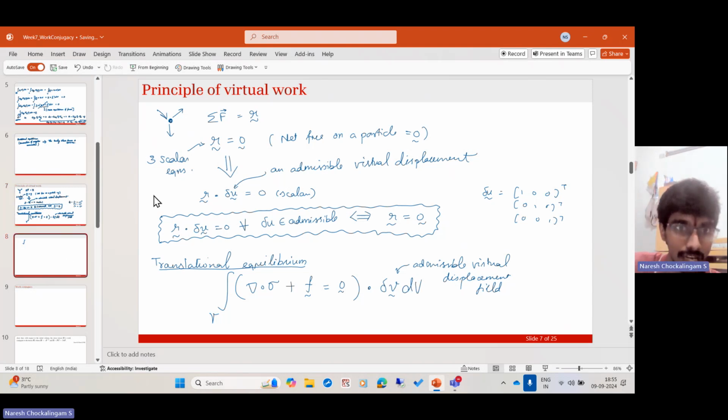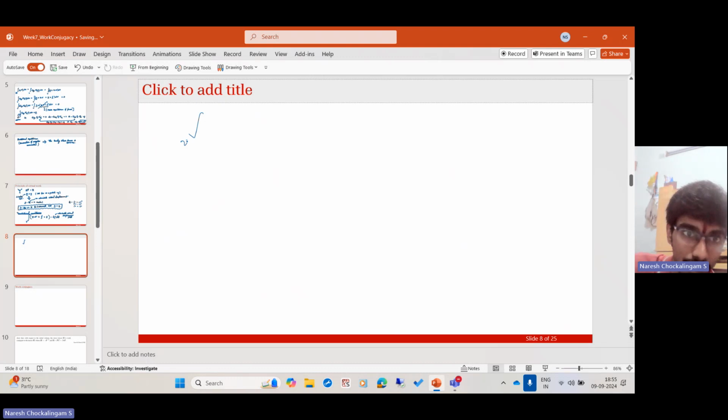So let's do that. It's integrated over the volume V, del dot sigma. This is a vector. Remember, sigma is a tensor. The divergence of a tensor is a vector. Dot producted with an admissible virtual displacement field.